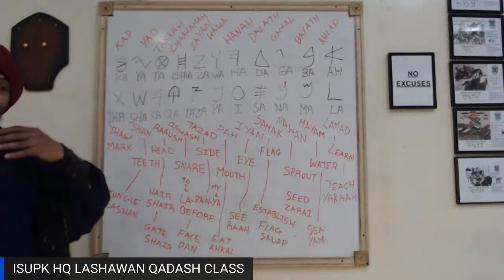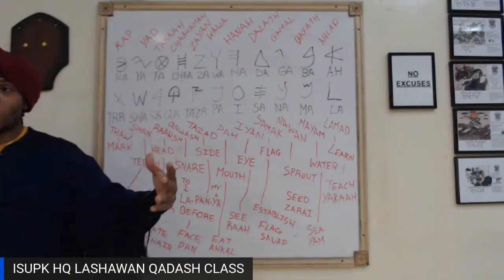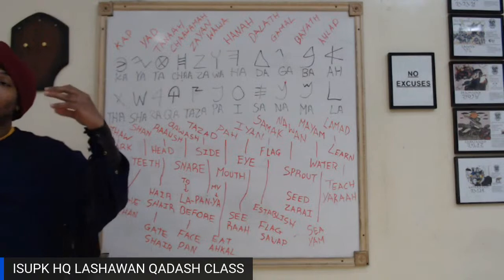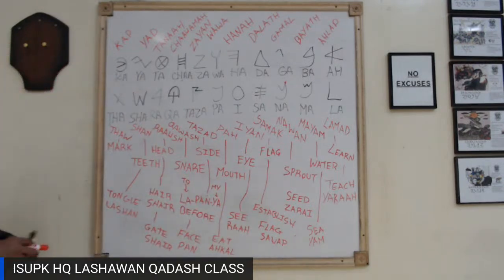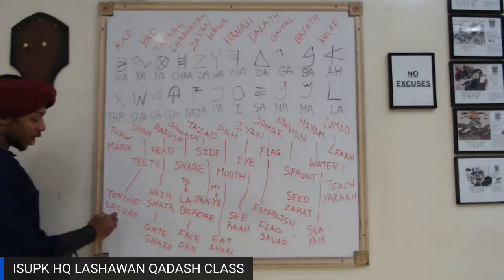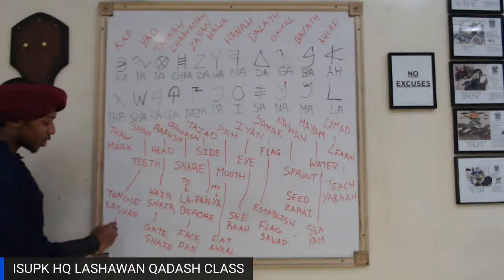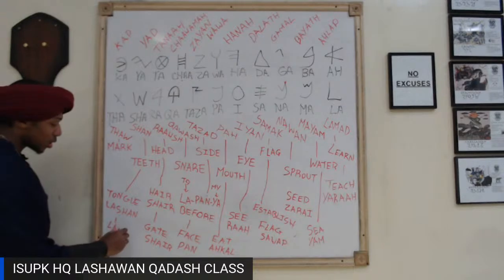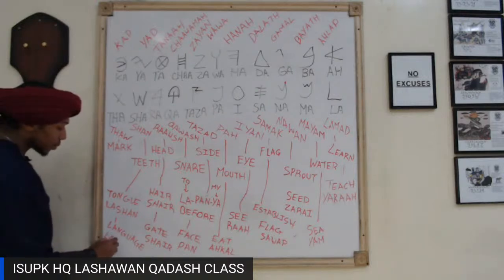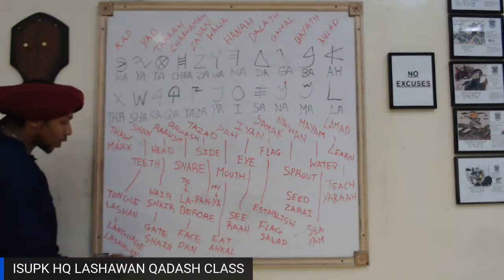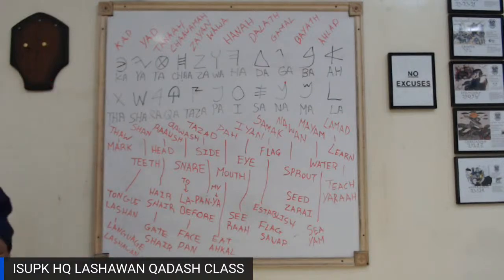And that is how we get the term Lashon Qodesh, because it is the thing that your tongue does, which is your language. All right? So your tongue is lashon, language. Language is lashon. Okay? Good.